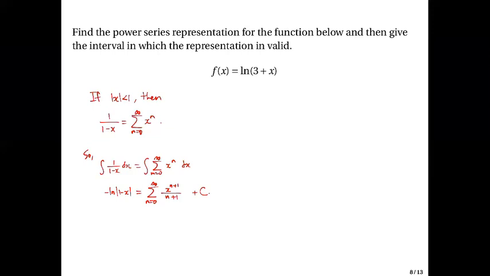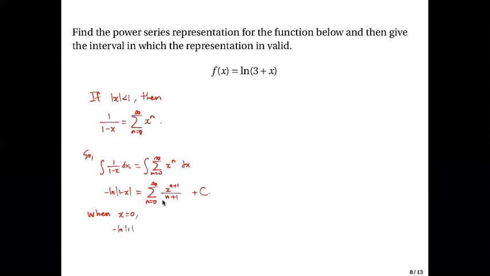And then we can find the value of c in here. Notice when x equals 0, since 0 is within this interval here, you'll just have negative ln absolute value of 1.